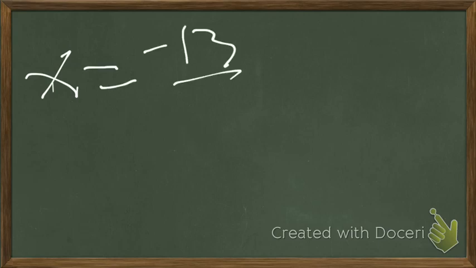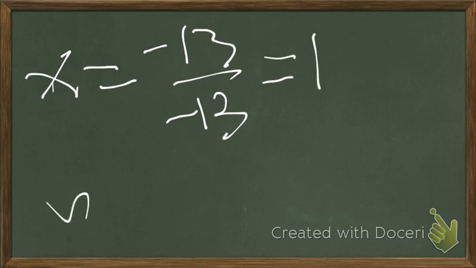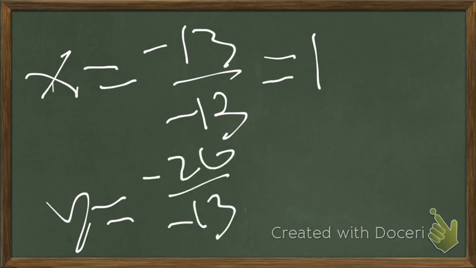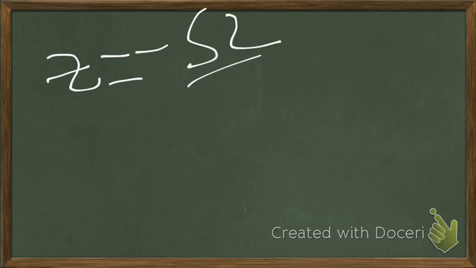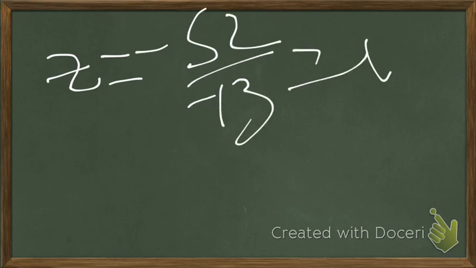So x equals negative 13 over negative 13, which is 1. y equals negative 26 over negative 13, which is 2. And z equals negative 52 over negative 13, which equals 4.